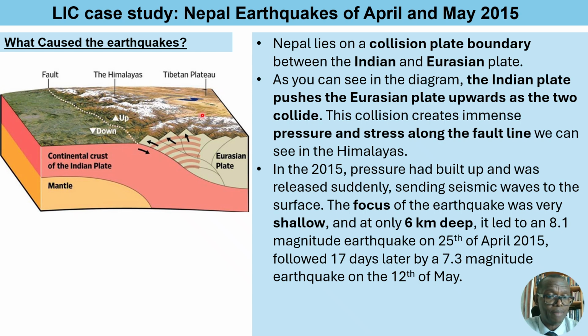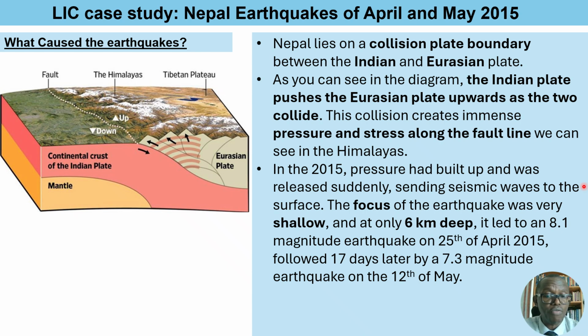And this collision creates immense pressure and stress along the fault line that we can see here in the Himalayas. So that's your fault line there, and a lot of pressure and stress will build up here over time. Now in 2015, the pressure had built up and was released suddenly, sending seismic waves to the surface.